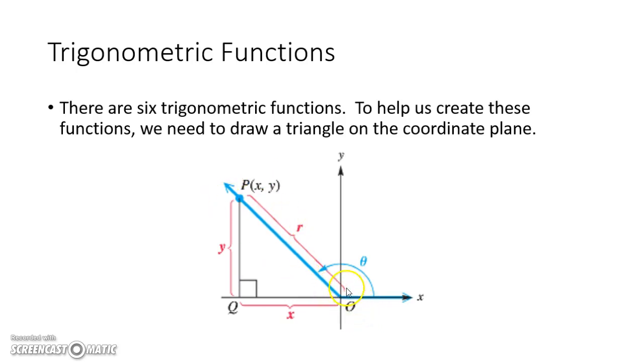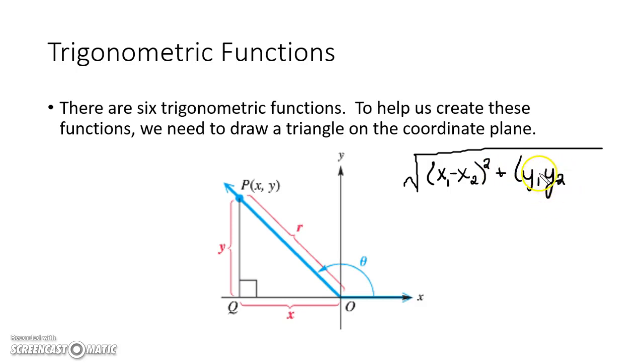You could use the distance formula if you wanted to. The distance formula, if you remember, is the square root of (x1 minus x2) squared plus (y1 minus y2) squared.